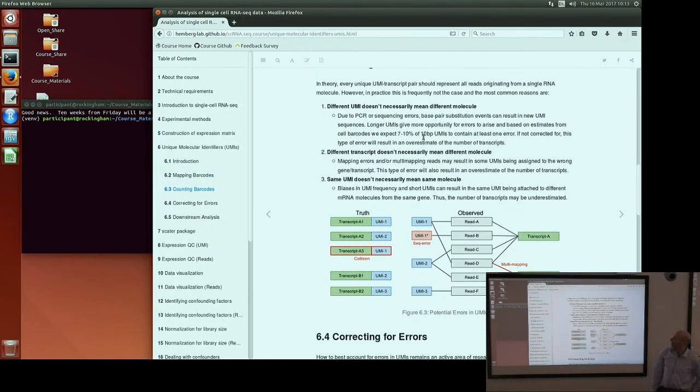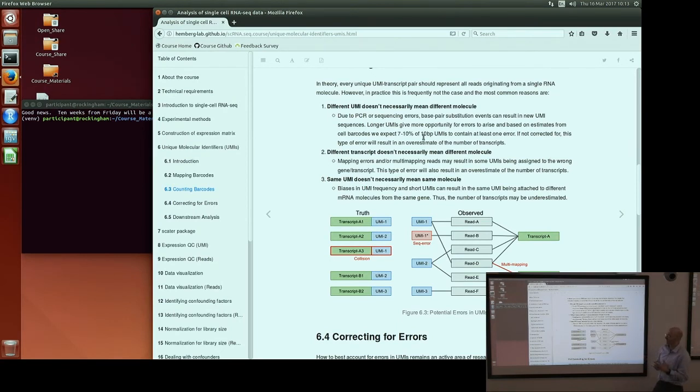Right. So again, counting these barcodes or the UMIs is straightforward in itself, but there are some issues. As I mentioned, if your barcodes are relatively short, then you may not have enough of them.